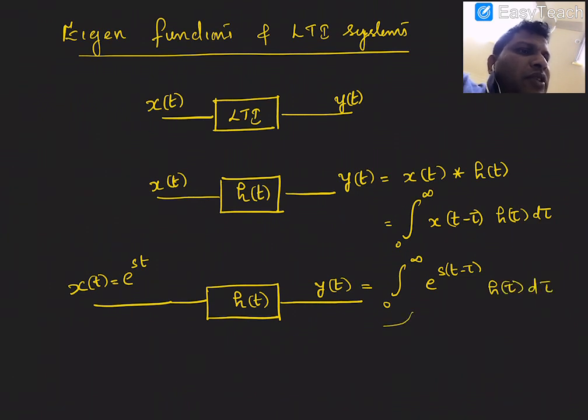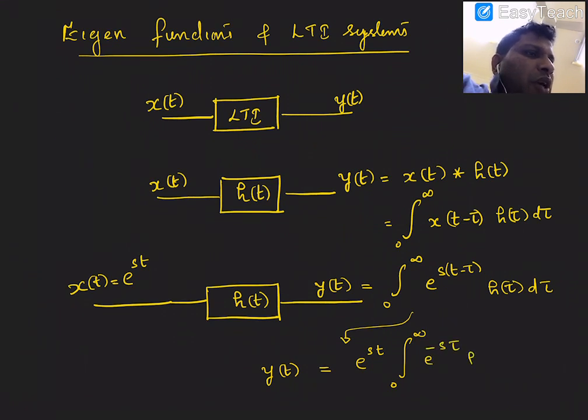I can write this in a different way, that is, y of t is equal to e power st into the integral from 0 to infinity of e power minus s tau into h of tau d tau.